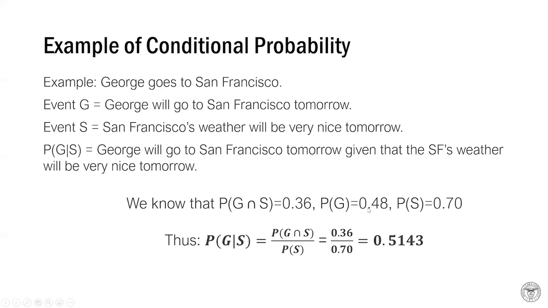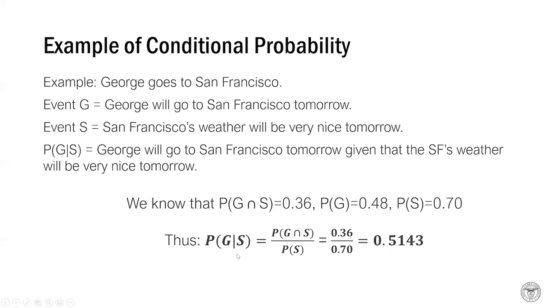The chance that the weather in San Francisco will be nice tomorrow, denoted by S, is 70%. And the chance for George to go to San Francisco and the weather is nice at the same time is 36%. Then, given that the weather will be nice tomorrow, what is the chance that George goes to San Francisco?